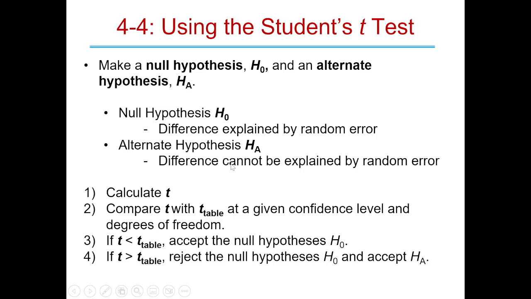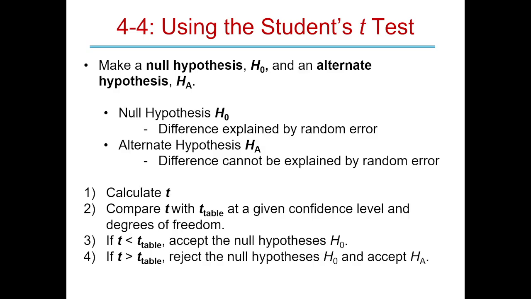The alternative hypothesis is always that the differences cannot be explained by random error. And one of the most powerful uses for student's t-tests is it's a great way to figure out if you have systematic errors. Especially when you're looking at lab-wide things. That really, really helps.